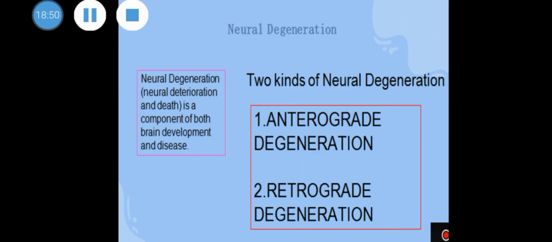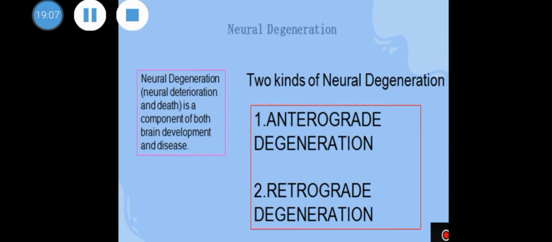Next, we have the responses to nervous system damage: degeneration, regeneration, reorganization, and recovery. So, let's start first with neural degeneration. Neural deterioration is a component of both brain development and disease. There are two kinds of neural degeneration.